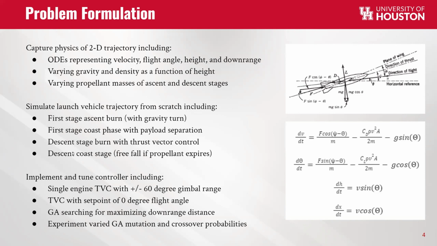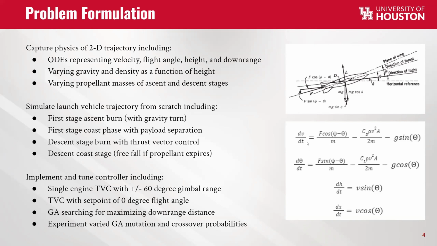And at some point, the thrust vector controller kicks in, and that's where we have a controlled descent burn where our controller is actually operating. And then if propellant does run out of that second stage, the descent stage, then we'll go back into uncontrolled free fall.